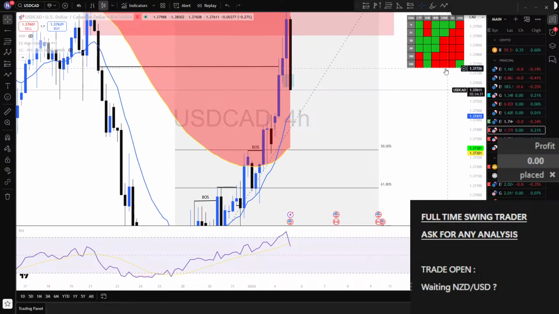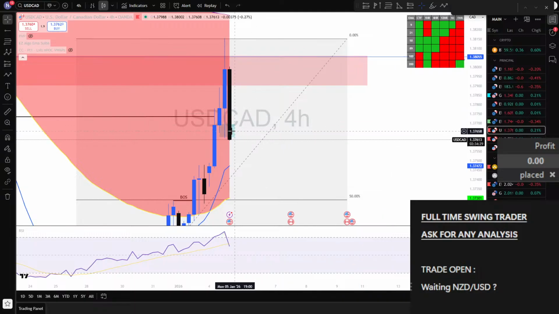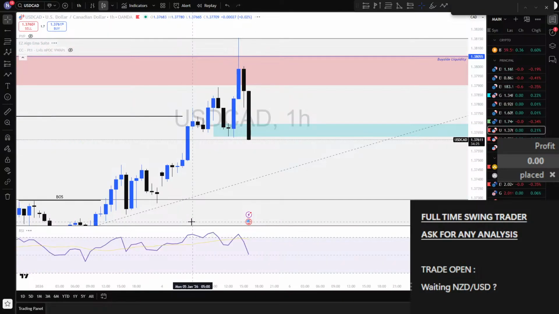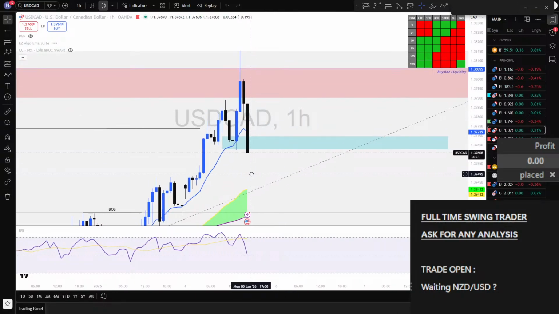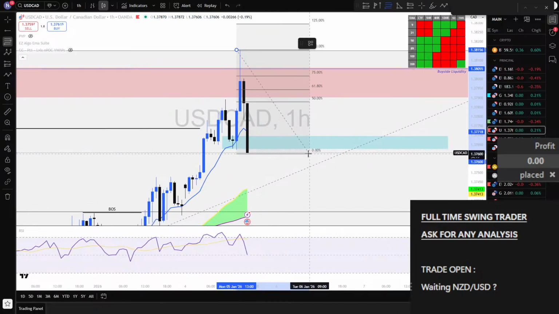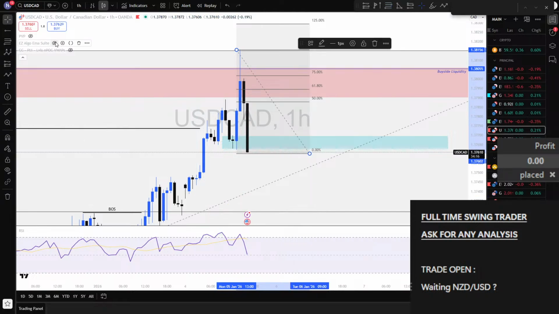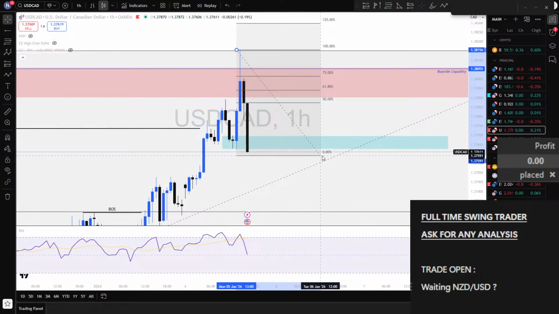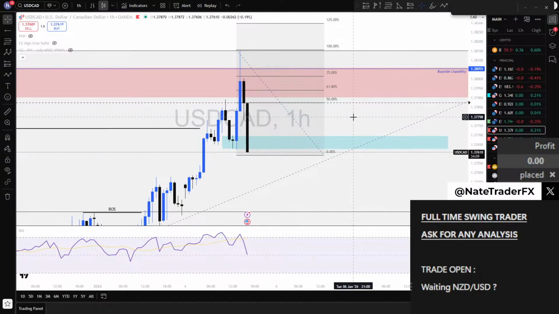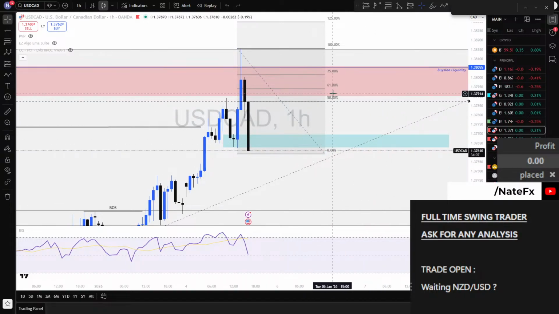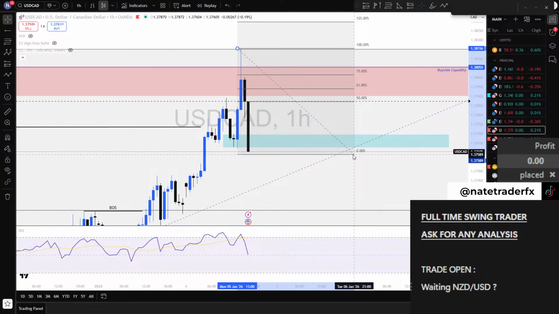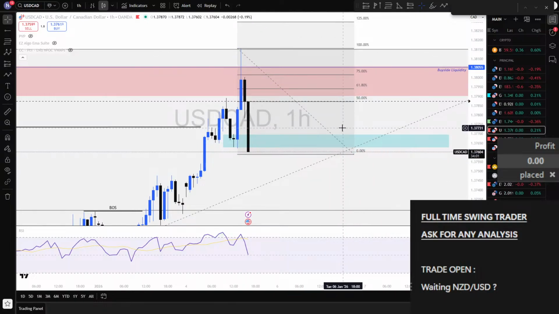And USD CAD is currently breaking the zone. So now basically I put Fibonacci like that, and I put an alert at 50% Fibonacci, and I will see what he's gonna do once he pulls back, if he gives me the setup I want in smaller time frame.